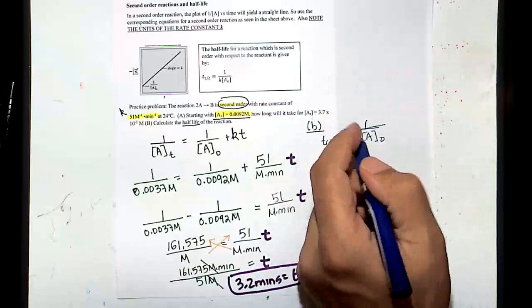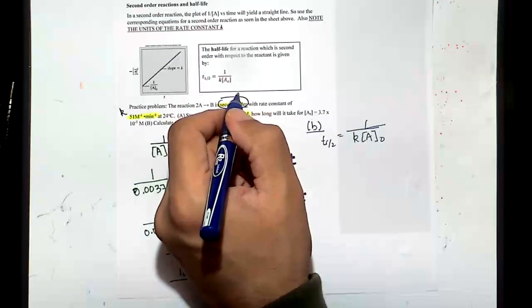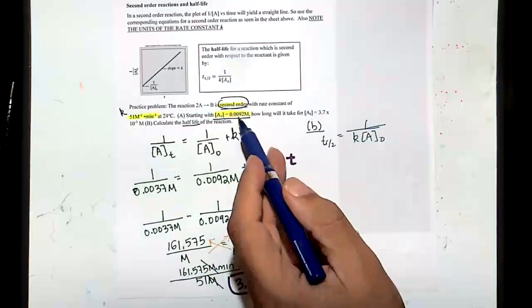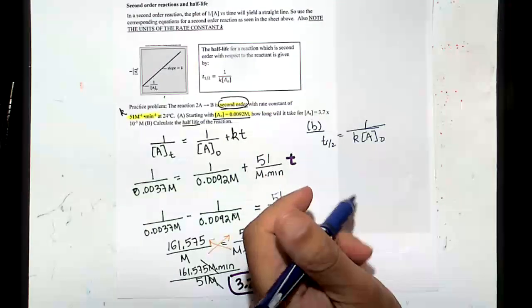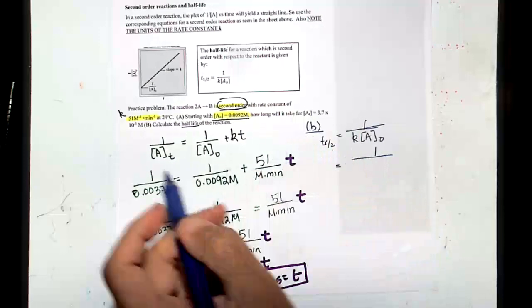Yes. Okay. So why did she choose this one? Because it's second order. Why did our classmate choose this equation to plug it in? Because the problem tells us it's second order. So all we got to do is plug in our values.